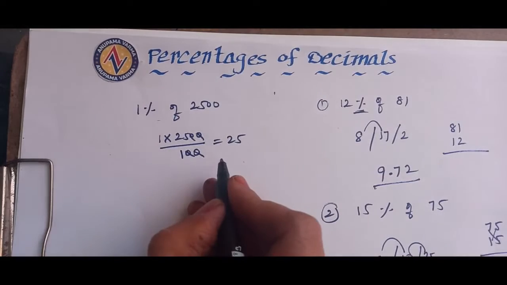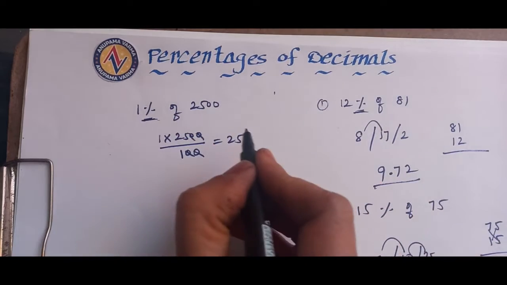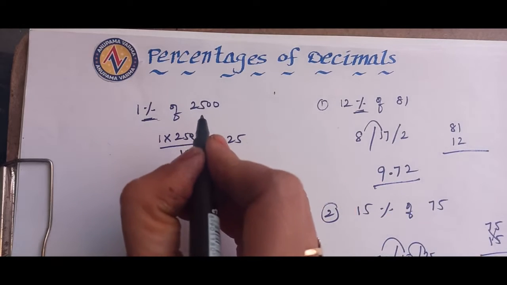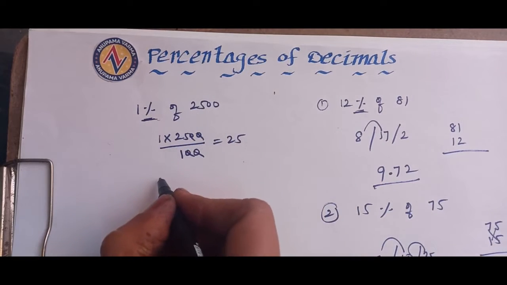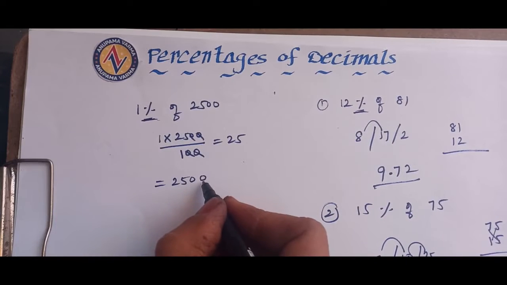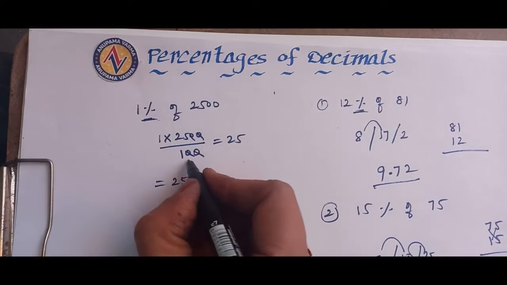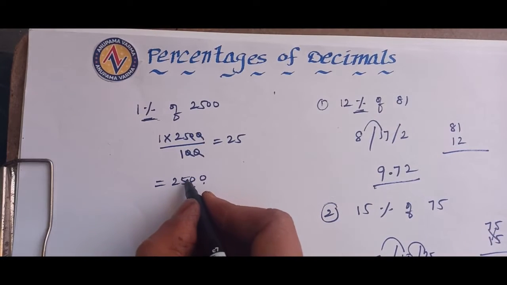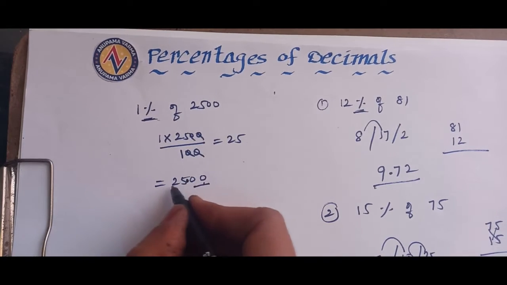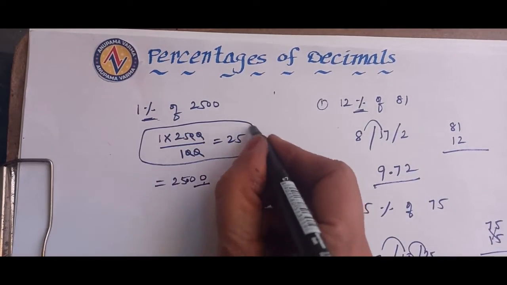That means whenever we have a percentage symbol, we need to keep a decimal point after 2 digits. Suppose 2500 is there. After 2 digits, 1, 2, like this. Why? Because in 100 2 digits are there, no? So keep the decimal after 2 digits. That means it becomes 25. No need to do all this calculation.